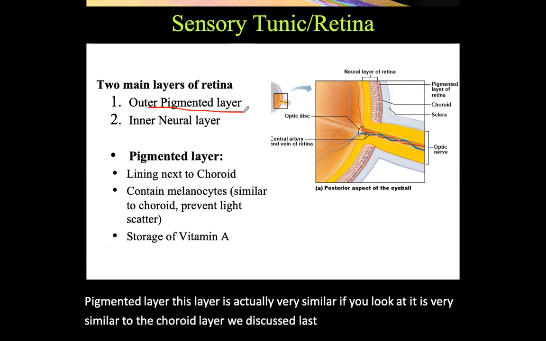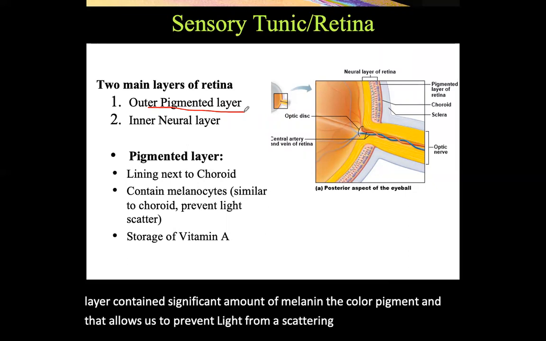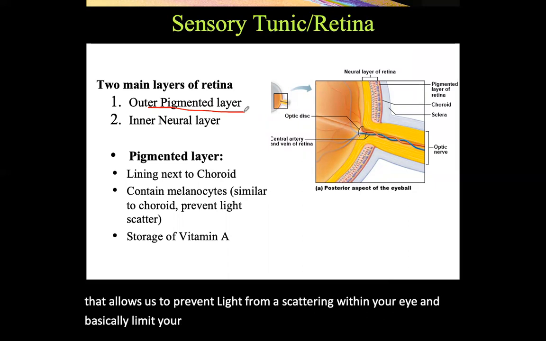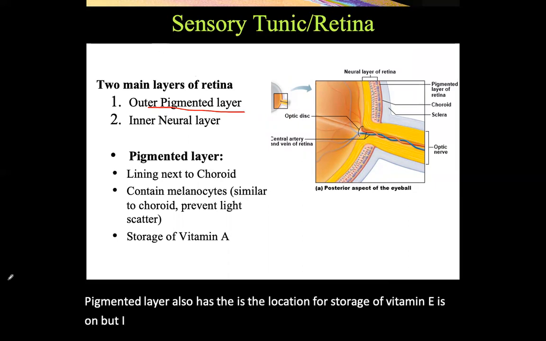Remember, the choroid layer contained a significant amount of melanin, the color pigment, and that prevents the light from scattering within your eye and limiting your ability to create a vivid image. The pigmented layer is also the location for storage of vitamin A that is necessary for your vision.